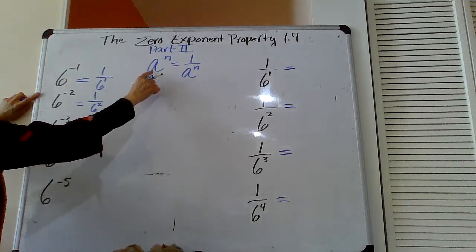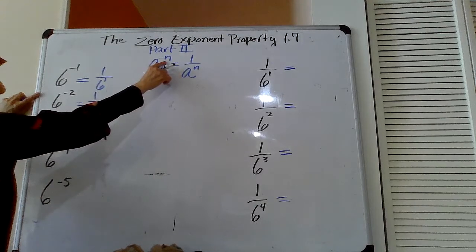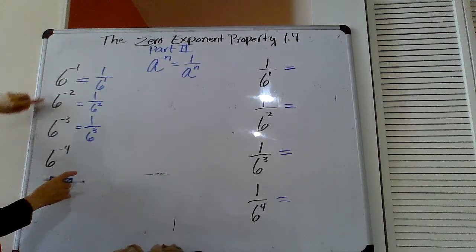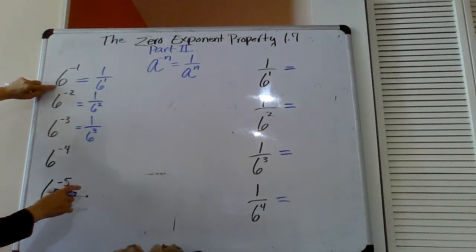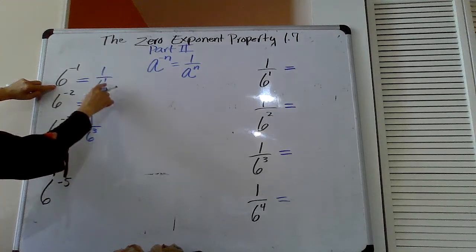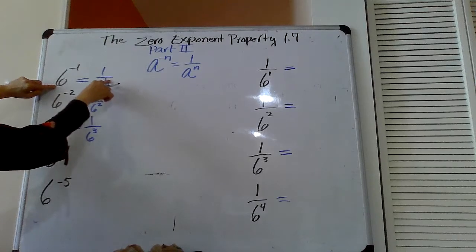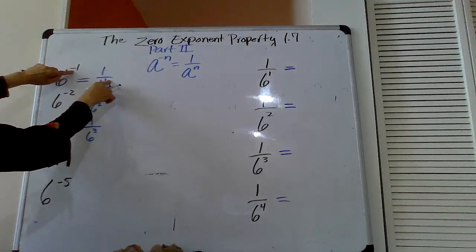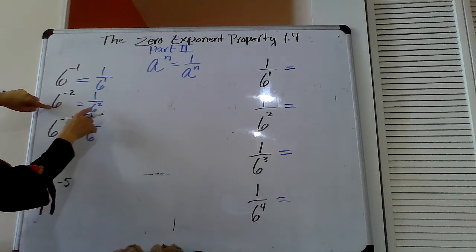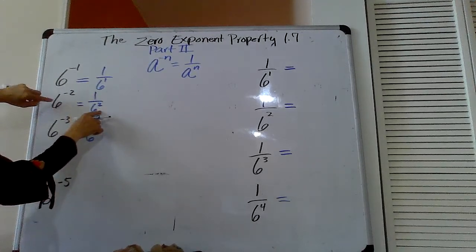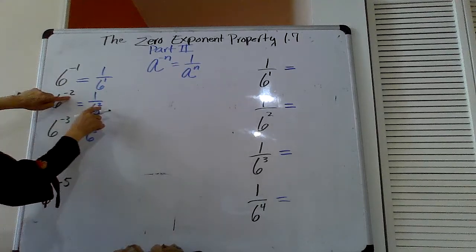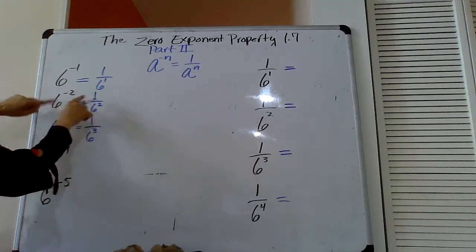Any power, a to the negative n, becomes 1 over a to the n power. In this case a is 6, and the n in this case is negative 1, and it becomes positive. Again, a is 6, so it becomes 1 over a, and the negative 2 becomes positive here, because the negative 2 is n in this expression.